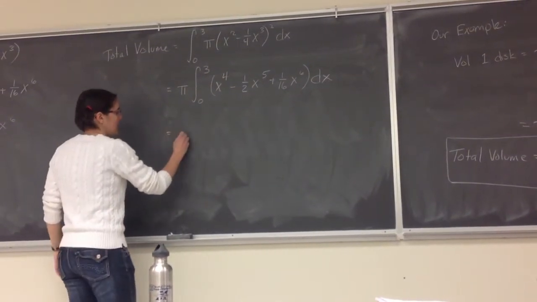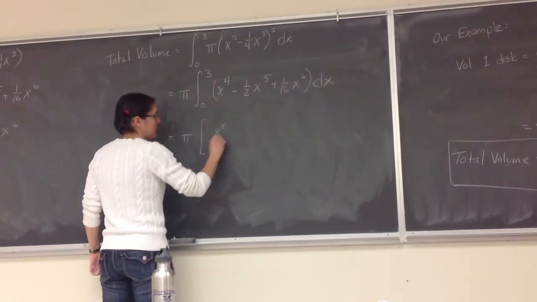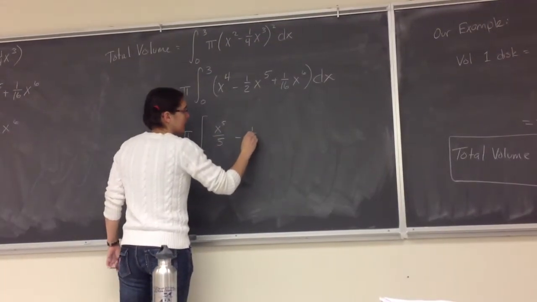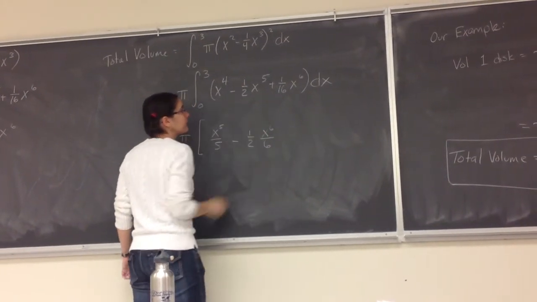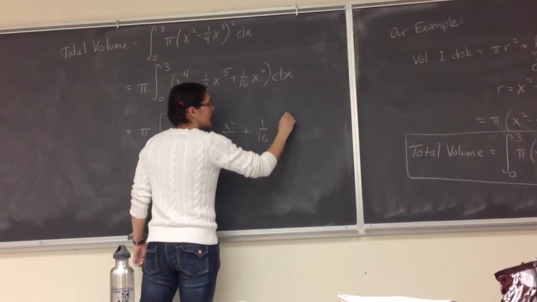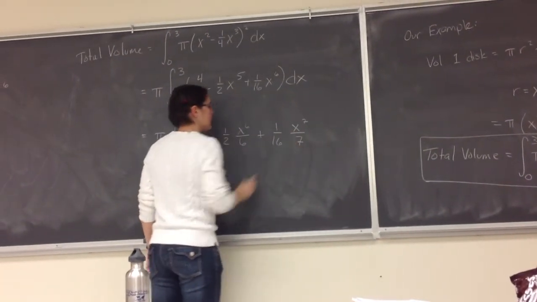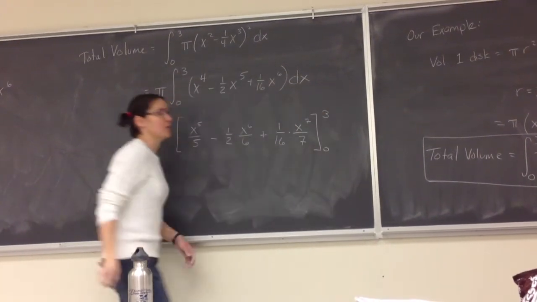And so I've got this pi out in front, and then we have x to the 5th over 5 minus 1/2 x to the 6th over 6 plus 1/16 x to the 7th over 7. And we're evaluating this between 0 and 3.